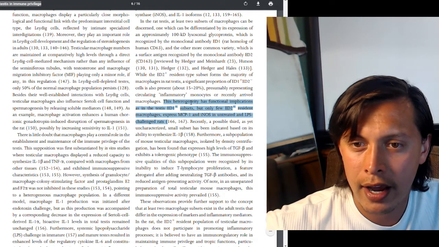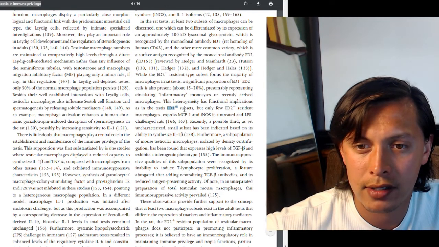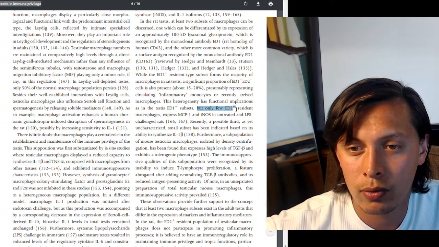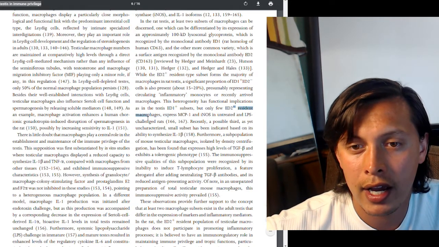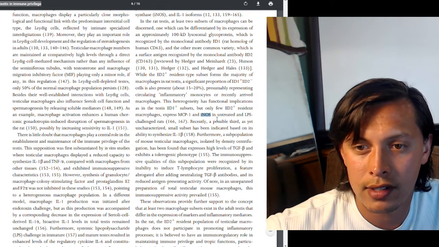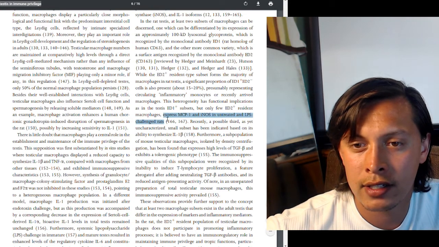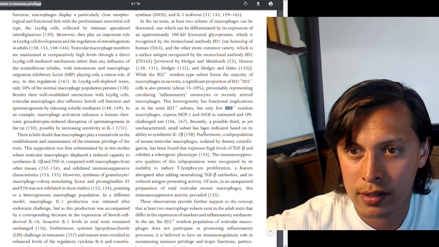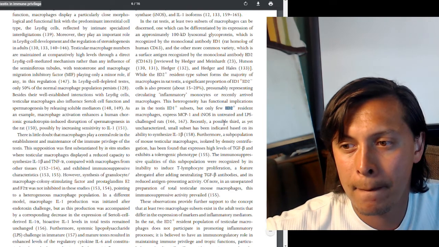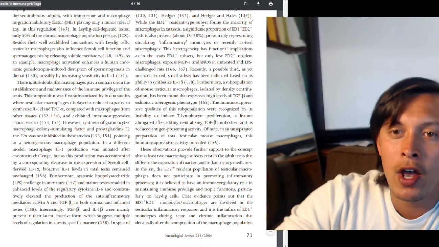This heterogeneity has functional implications, as in the testes ED1 positive subsets, but only few ED2 positive resident macrophages express MCP1 and nitric oxide synthase in untreated and LPS challenged rats. So I think they're saying that these ED2 positive ones might just be from chance, but I have such a hard time keeping track.